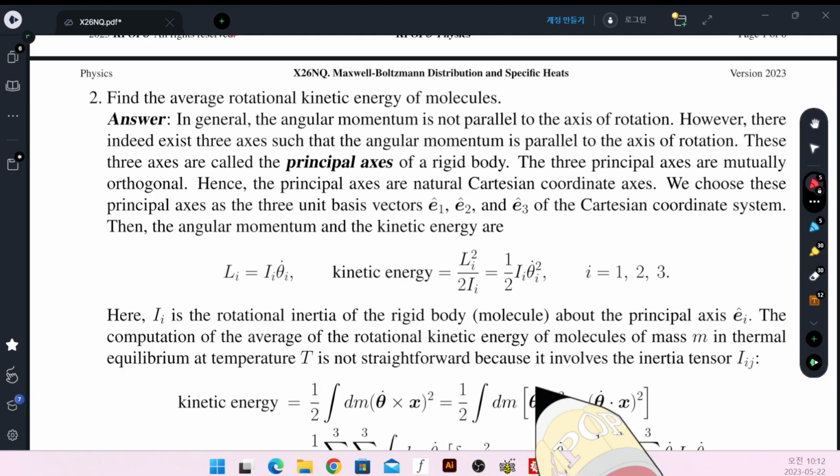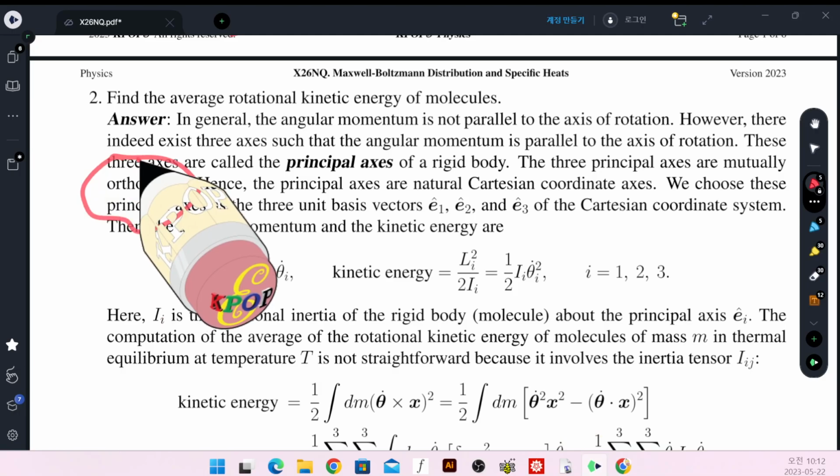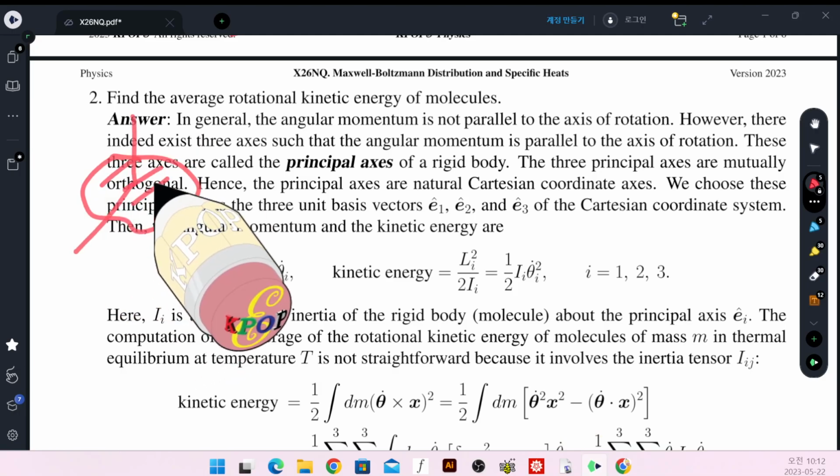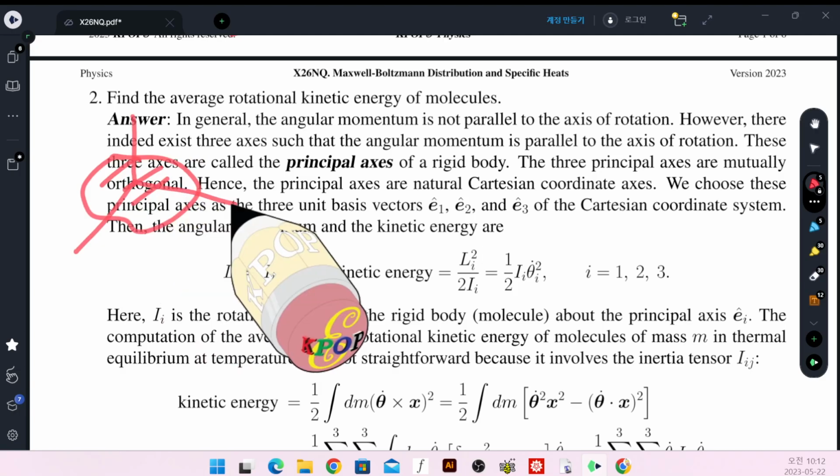For a rigid body, any rigid body in nature has its own three unique Cartesian axes. Mathematicians do not teach you about the principal axis.